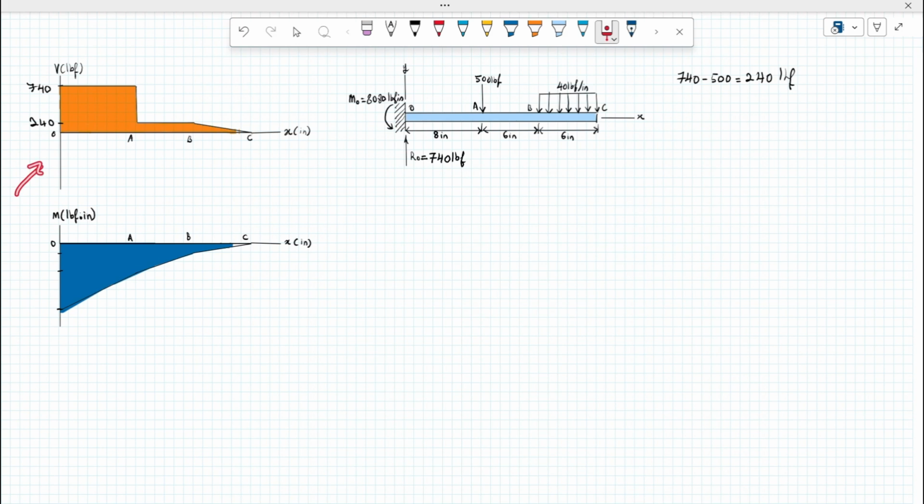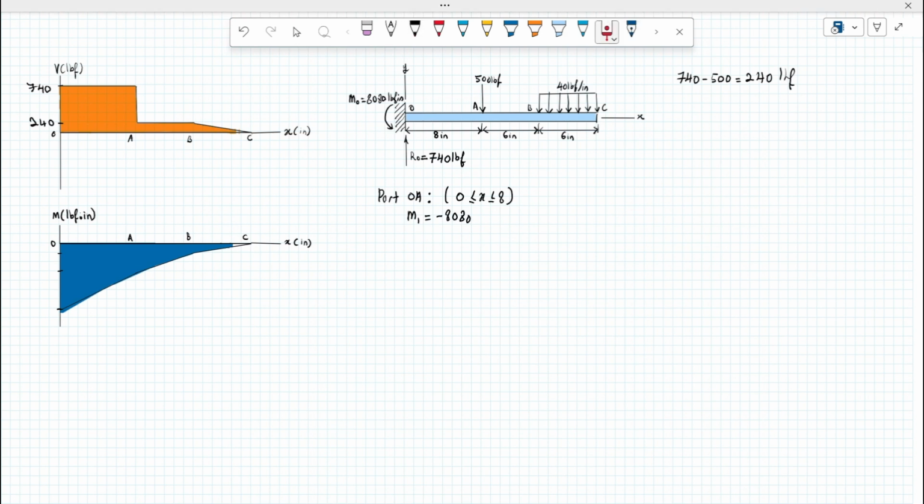So once we draw for the shear force diagram, we're gonna now draw for bending moment diagram. The way we draw it is by separating it into parts. So for part OA, which is from 0 up until 8 inches, if you can see from here until here, M1 would be equals to negative 8080.